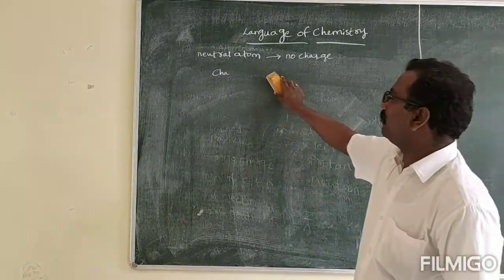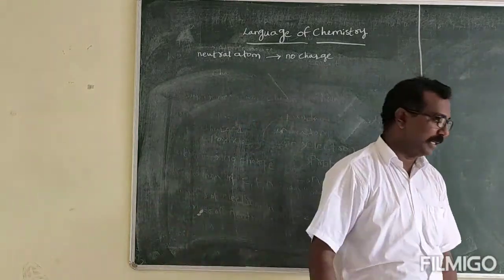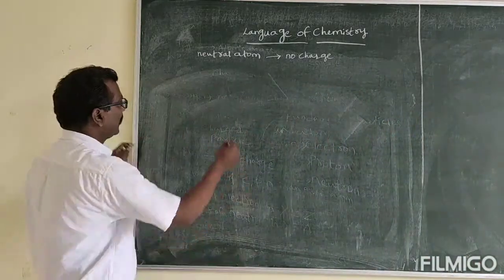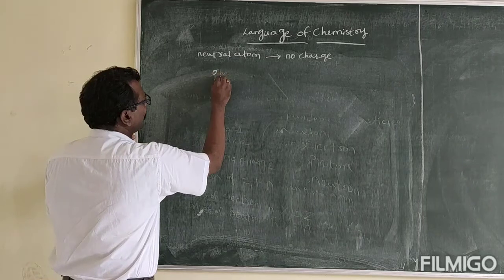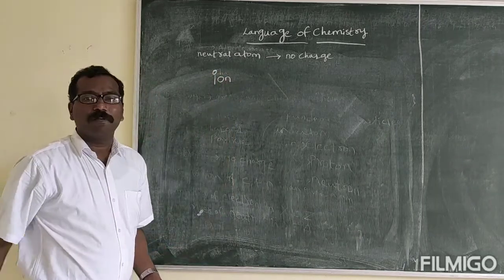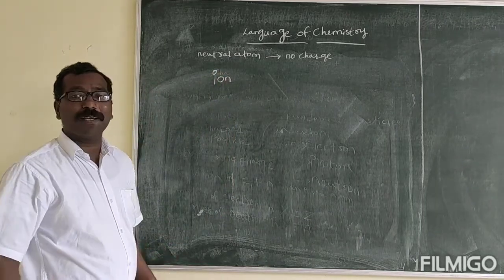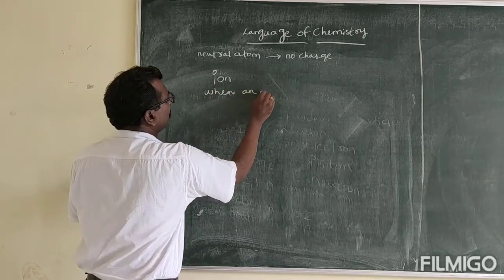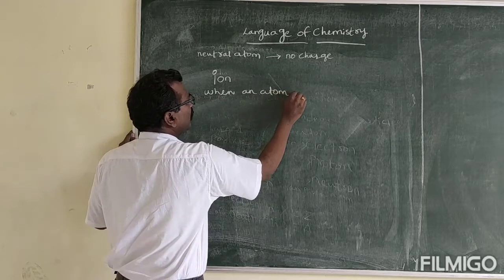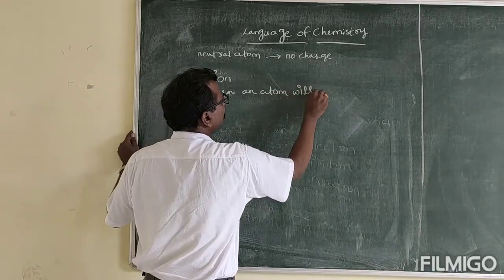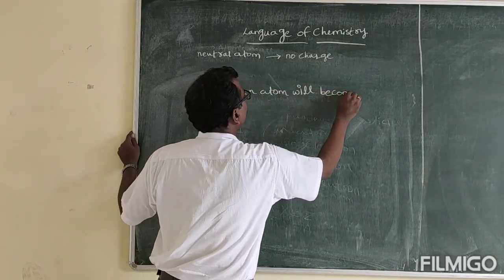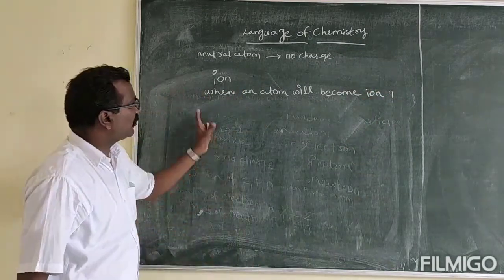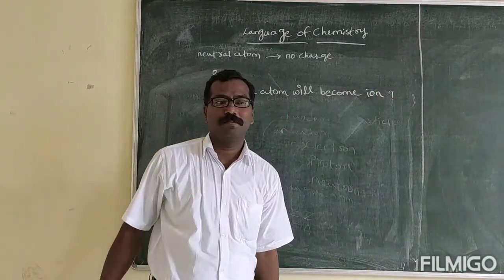So when an atom becomes a charged particle, we call it an ion. When does an atom become an ion?